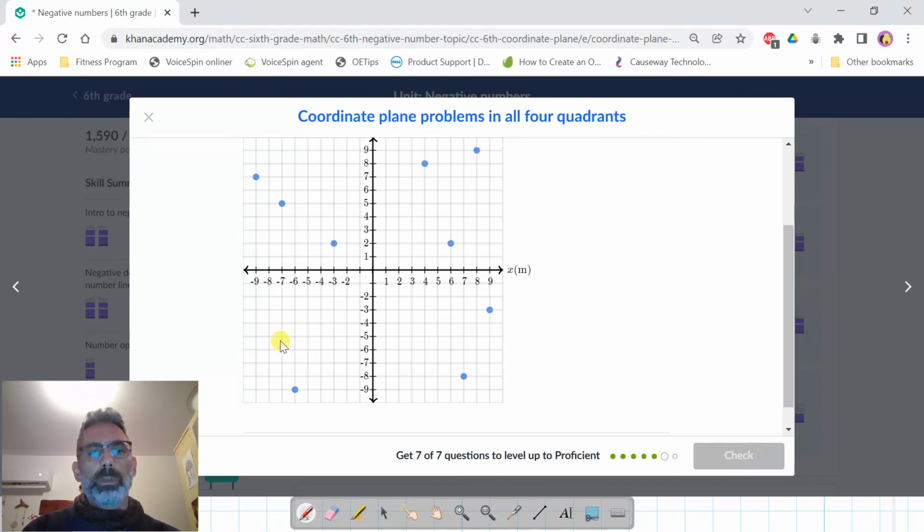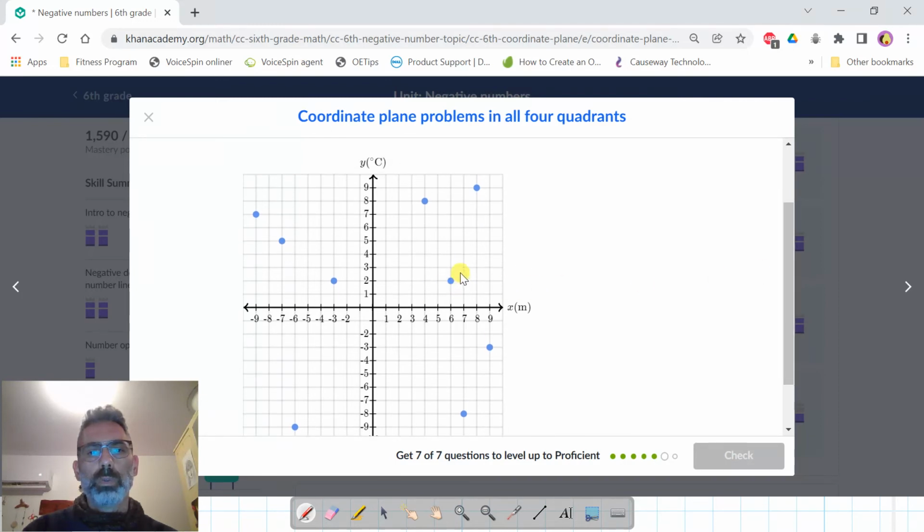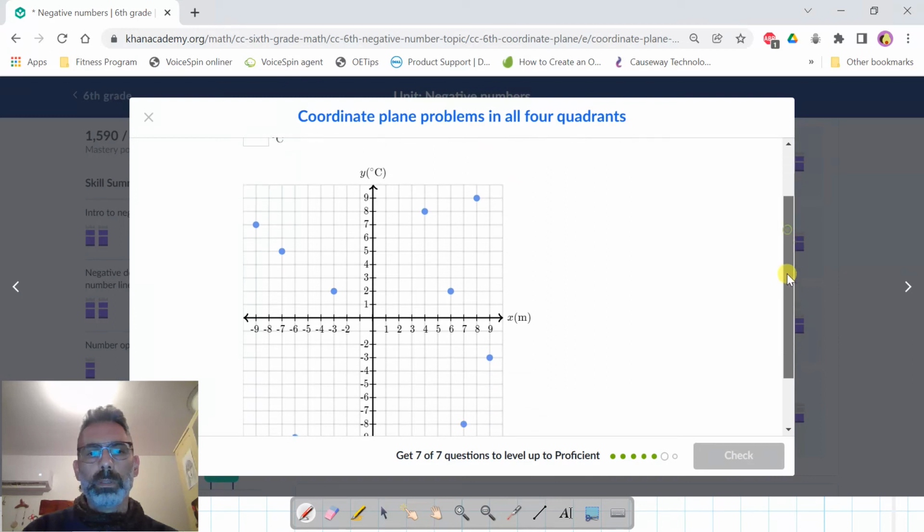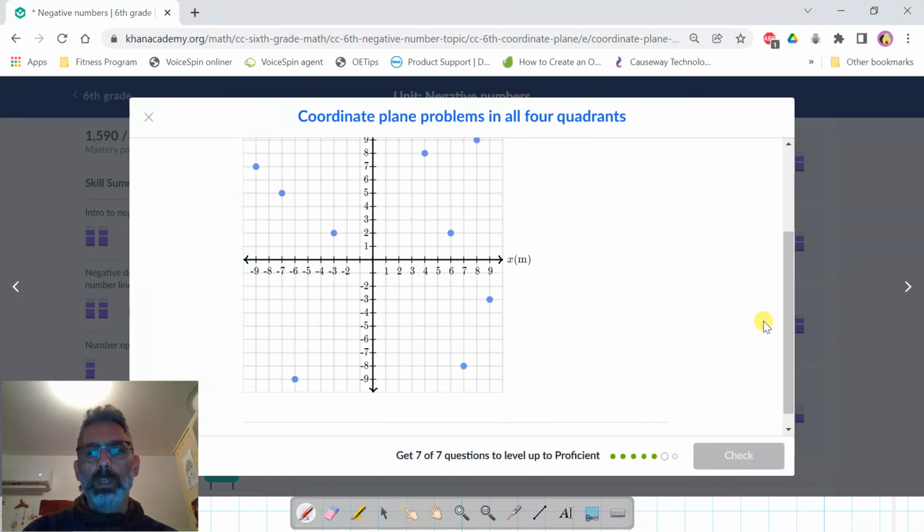Okay, so for example, when we are in a city with an elevation of 6 meters, the temperature is 2 degrees Celsius. Okay. What was the temperature in the city with an elevation of -9 meters?